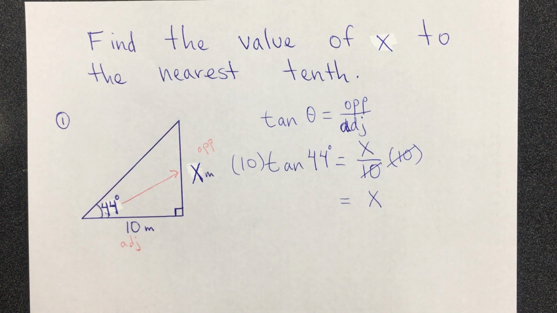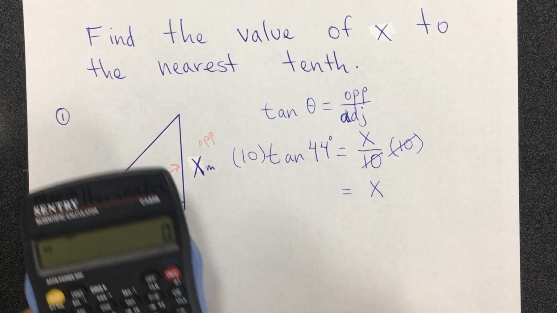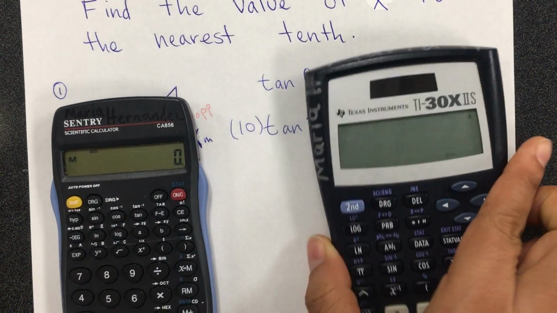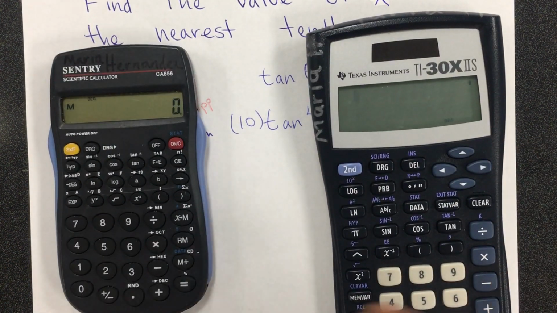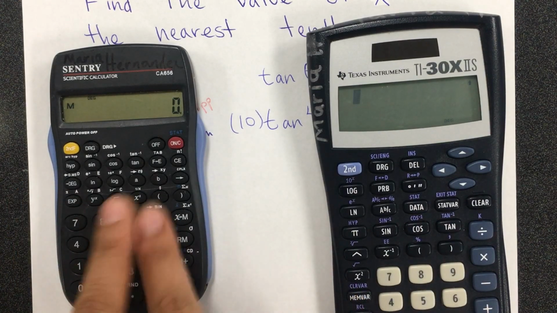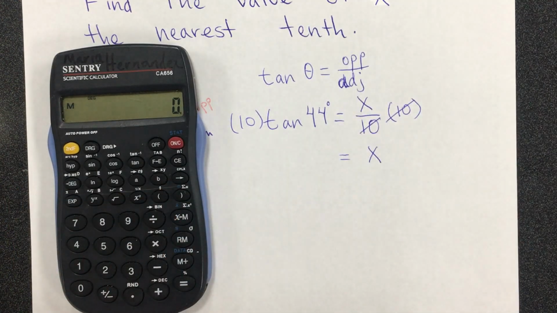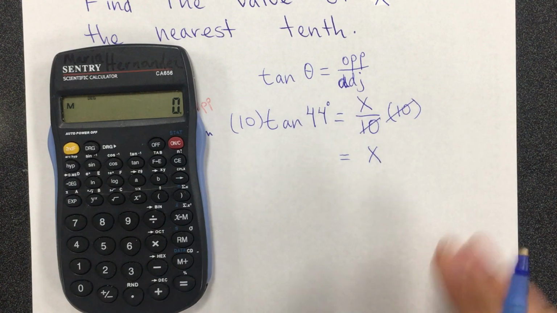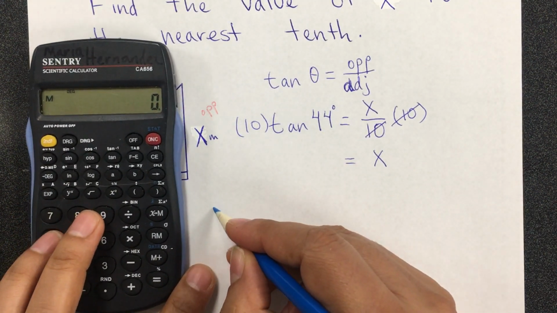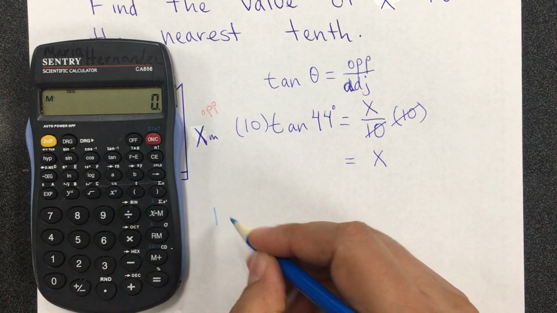Now, remember from the last lesson that you might have this type of calculator, or this type of calculator, or some other type, but it's going to follow one of the rules of how to input the information. So if you're using this one, let me write it in blue, since this has a little bit of blue.